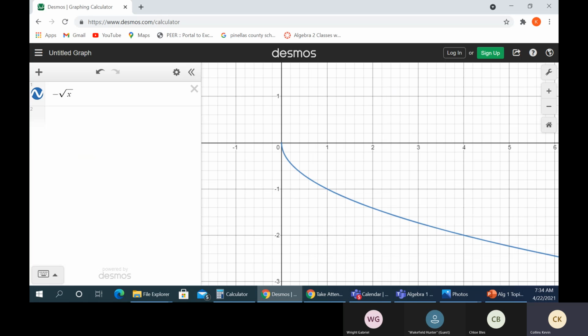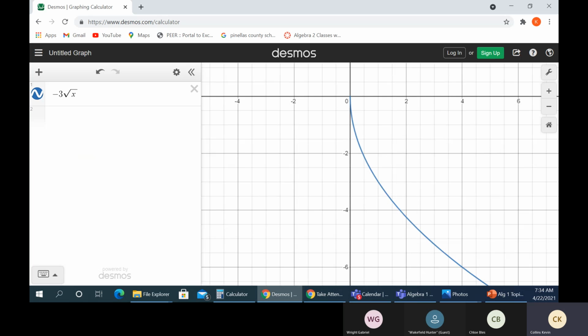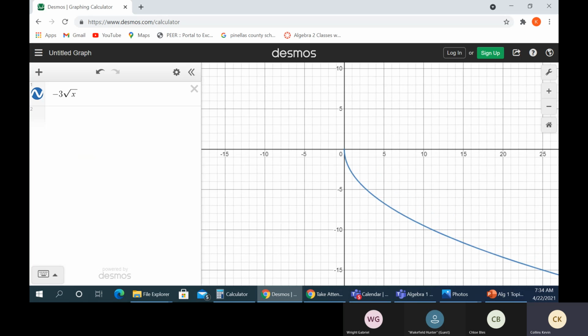And then if we put a 3 in here, that's going to make our graph go down faster. But see, it still maintains that same shape. So again, the minus sign reflects us, and then the 3 stretched our graph out from the original. Questions?